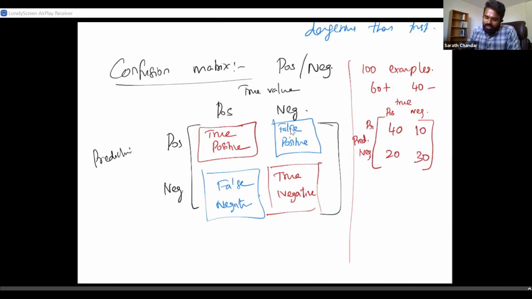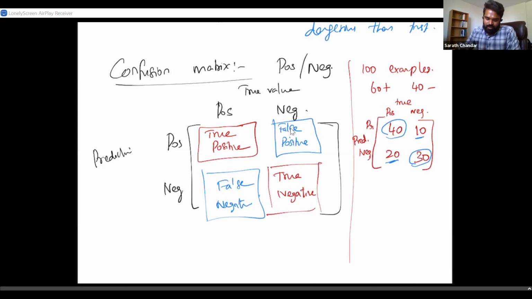Here you can see that there are 40 examples which are actually positive and the model also classified them positive, right? Similarly, there are 30 examples which are actually negative and the model also classified them as negative. Now, these two are the errors that the model is making, right?